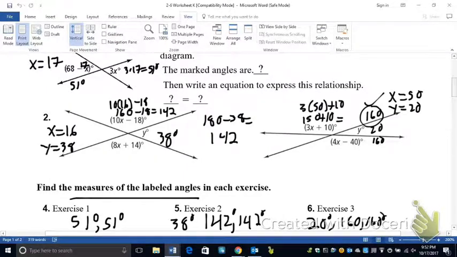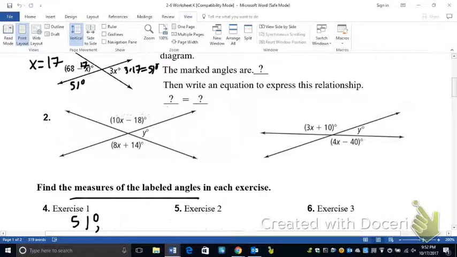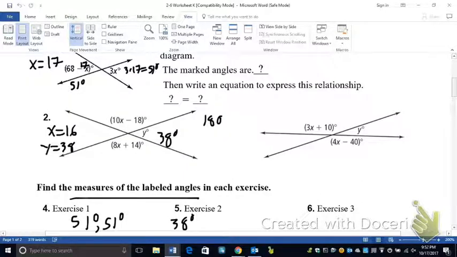So that's the answer for all of them. The answer for number 4 then is 51 and 51. For number 2, remember we had 2 different variables, x equals 16, y equals 38. There are 2 different ways we can do this. We can refer back to problem 2 and realize that 10x minus 18 and y, these angles right here, are a linear pair, which means they're supplementary, which means they add up to 180.